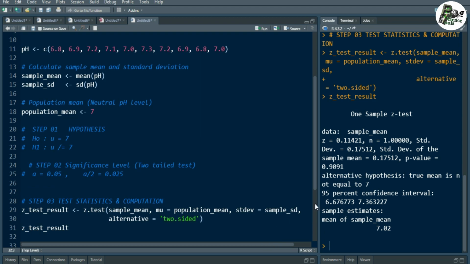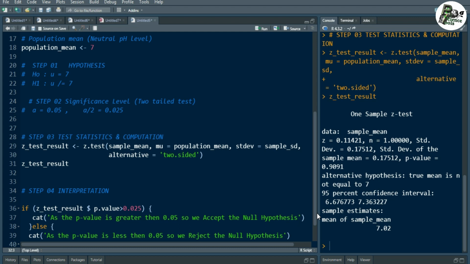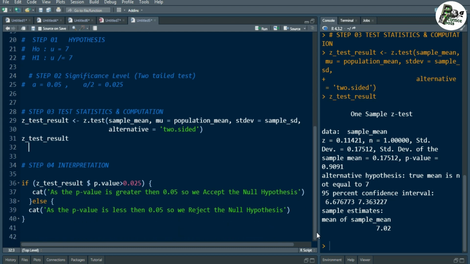When interpreting our results, we should be concerned with the p-value rather than other values.